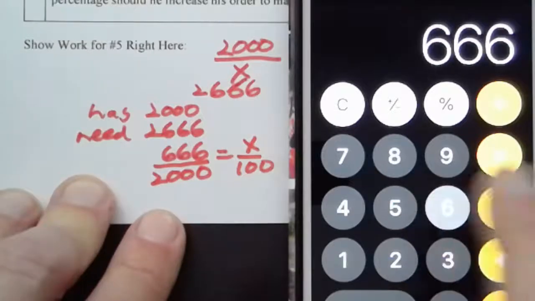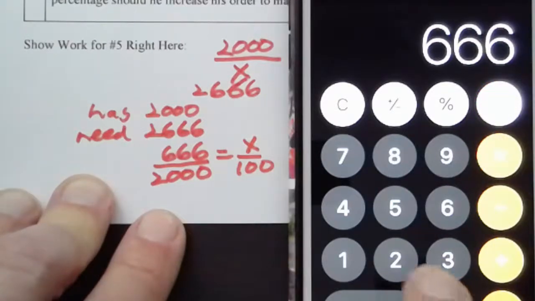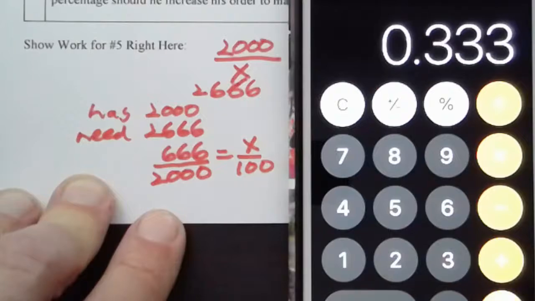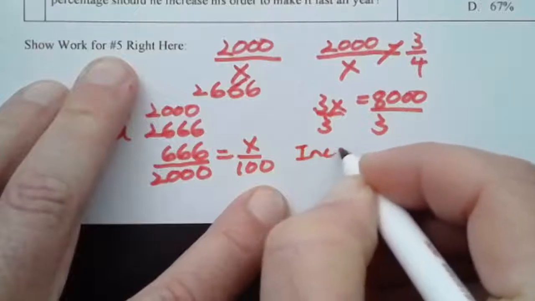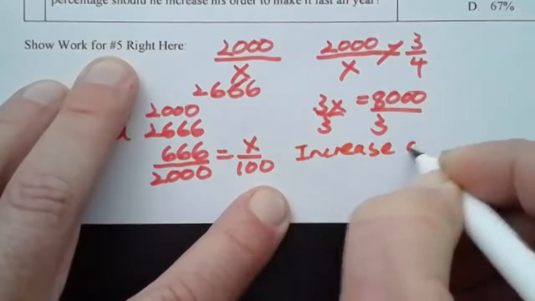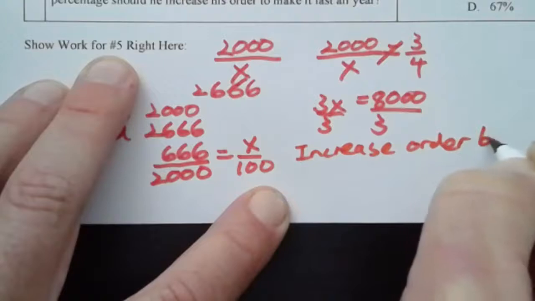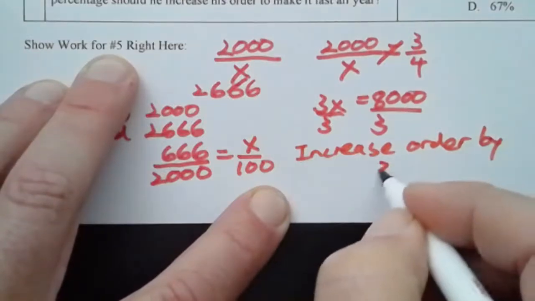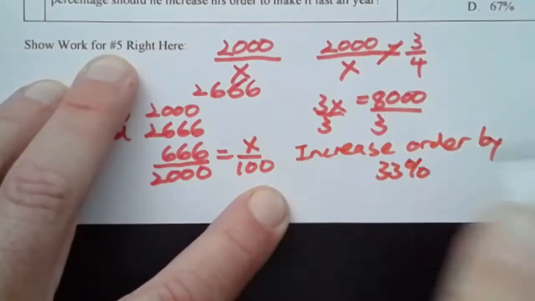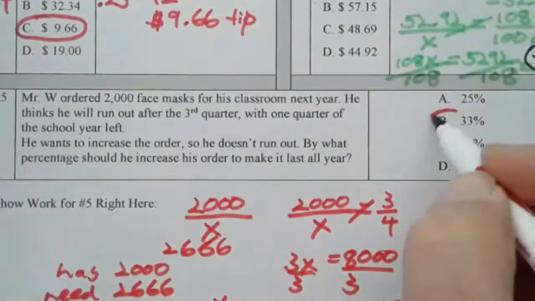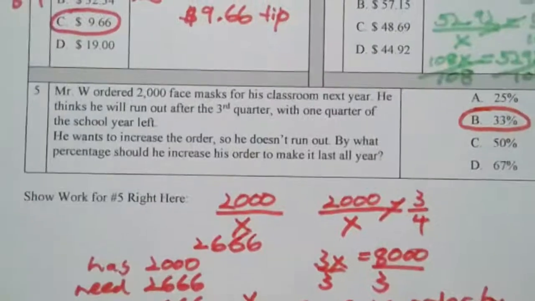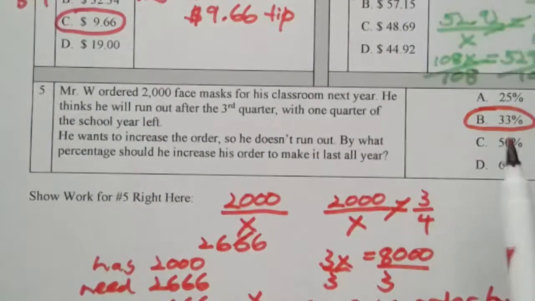666 divided by 2,000 is 33%. Did you get that? It sure is one of the choices. So I'm going to increase my order by 33%, which is the same as increasing 3 to 4.